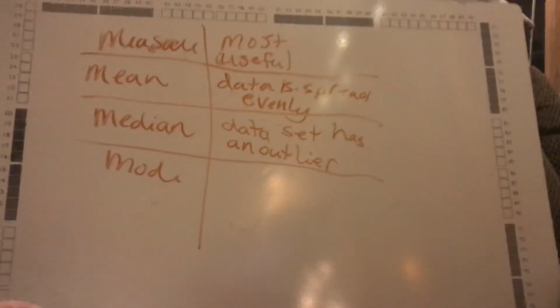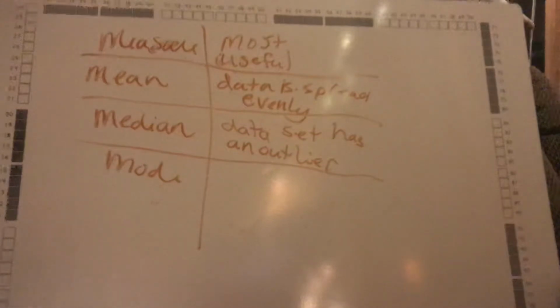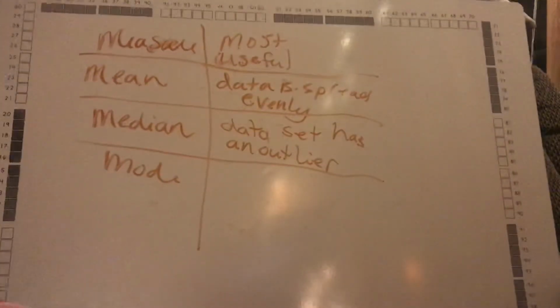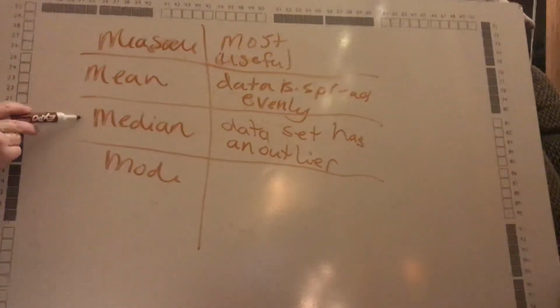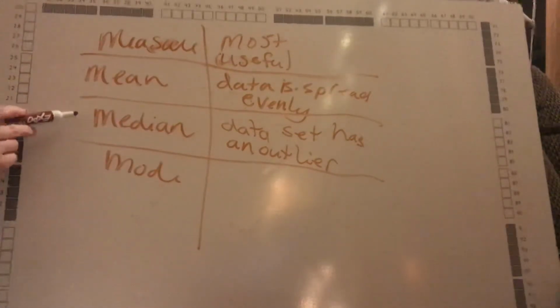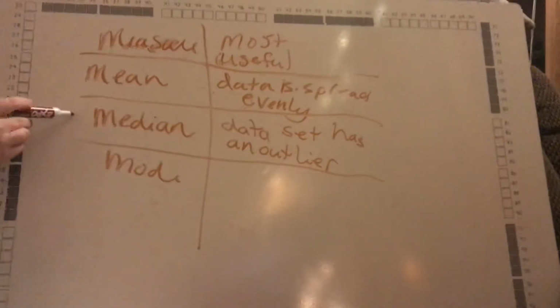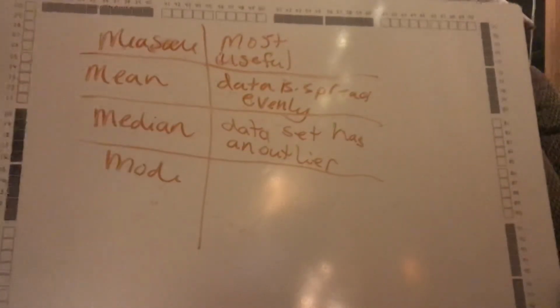But most of everybody else was clustered down here between like 2 and 3 hours, 1 and 2 hours. So if you have an outlier, your median is going to be the most useful or accurate measure to use.